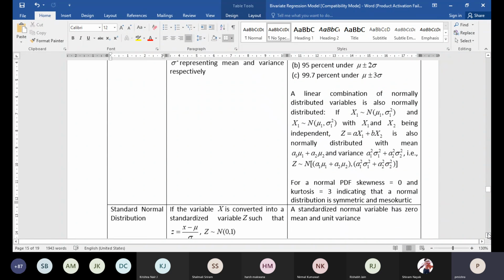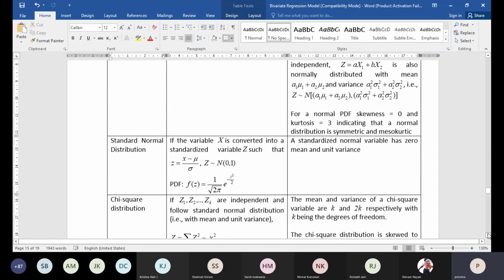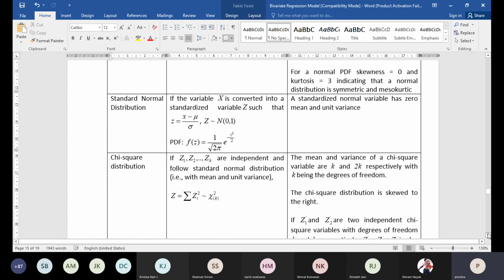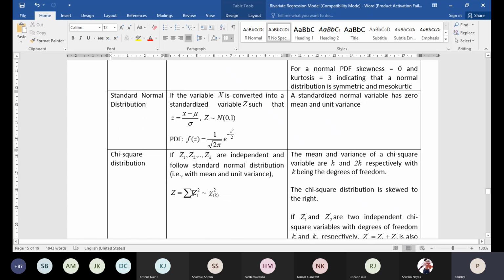This is standard normal variable z, and how are you getting chi-square? Summation of zi square. So if z1, z2, zk are independent and follow standard normal distribution, and if you square them up and add, then you will get the chi-square distribution. So from normal distribution, we are getting standard normal distribution. From standard normal distribution, we are getting chi-square distribution.